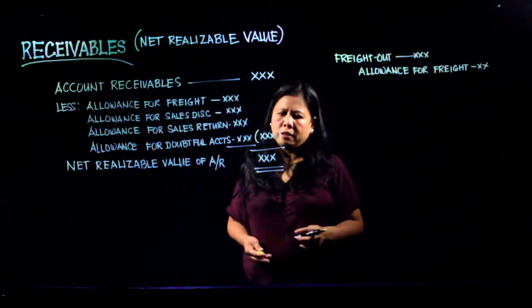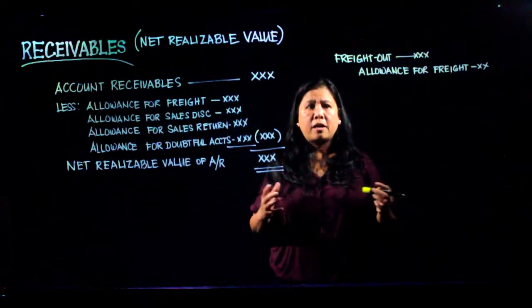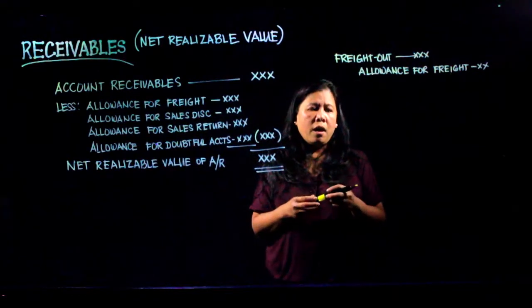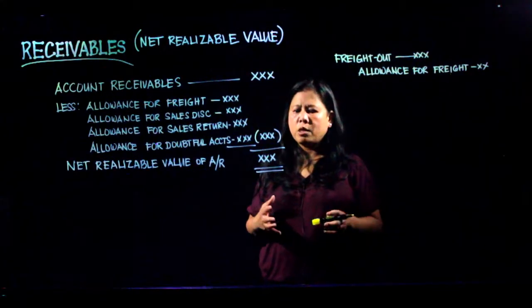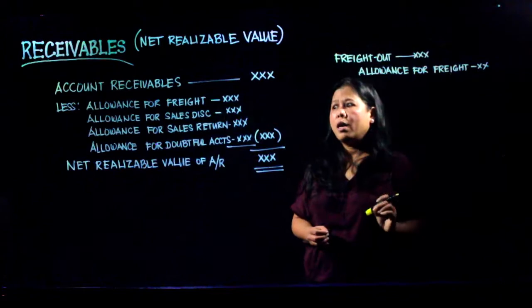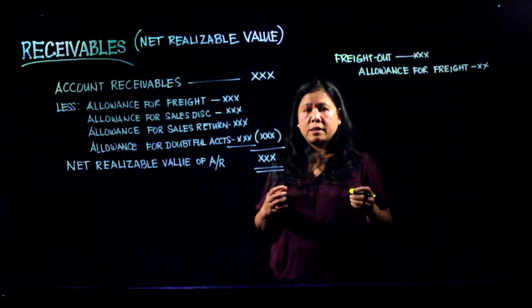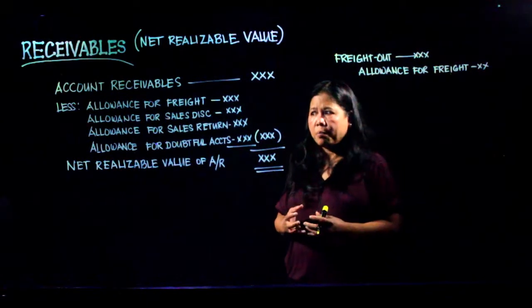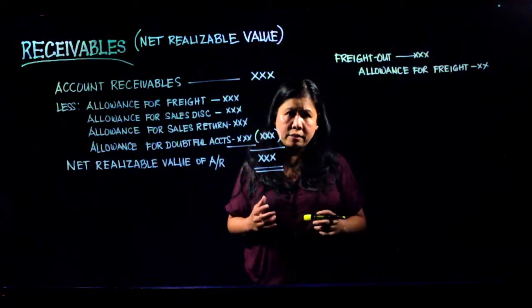For sales discount, a company usually offers a cash discount to encourage customers to pay on time. Okay, so if we have some sales near the end of the year and we expect this customer to avail of the cash discounts, then we will have to set up this allowance for sales discount.